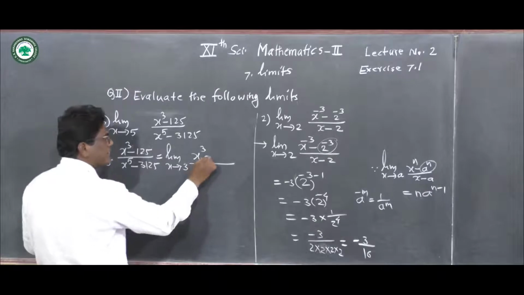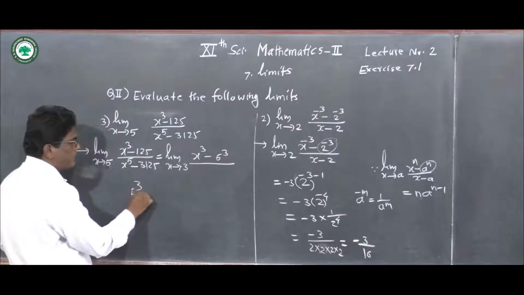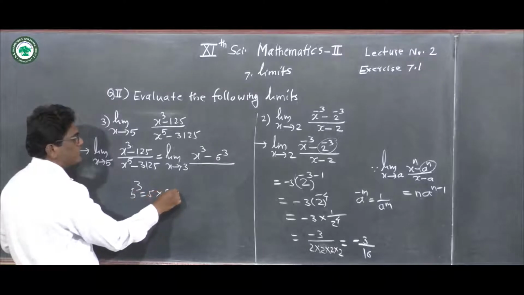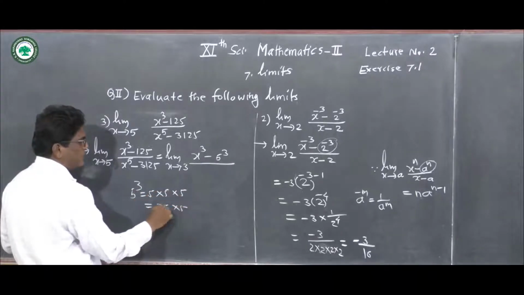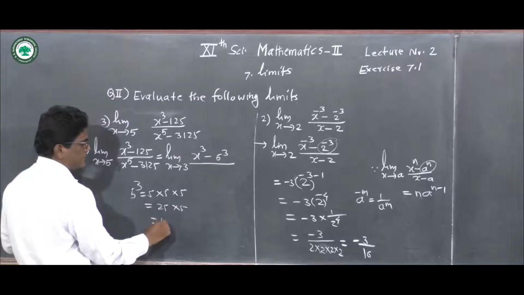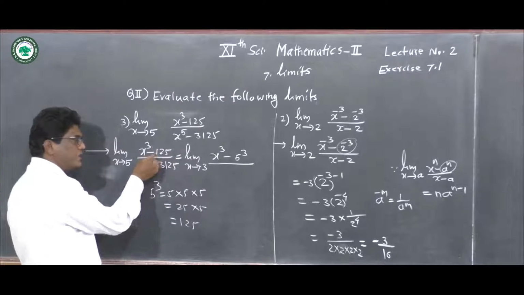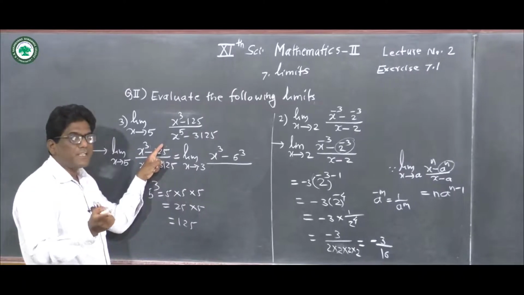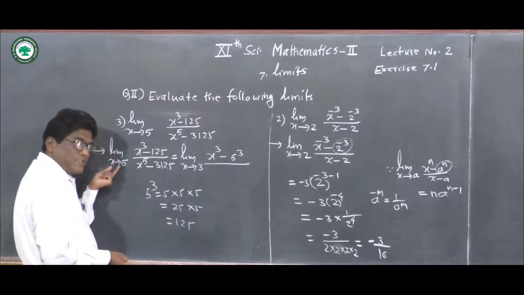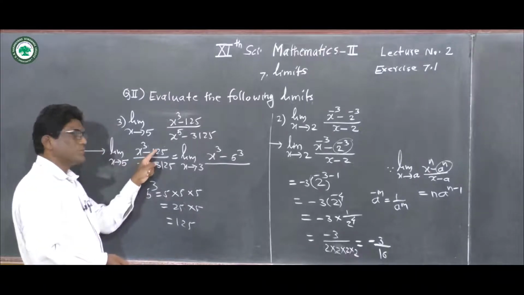We may check: 5 to the power 3 is 5 into 5 into 5. 5 fives are 25, 25 fives are 125. So this 125 is the third power of 5, since x tends to 5.